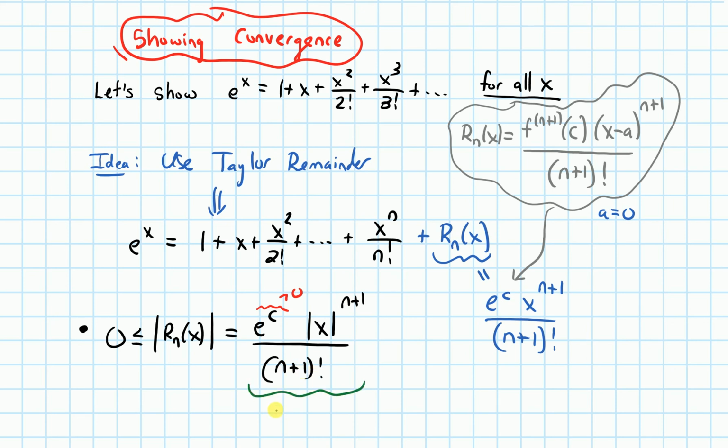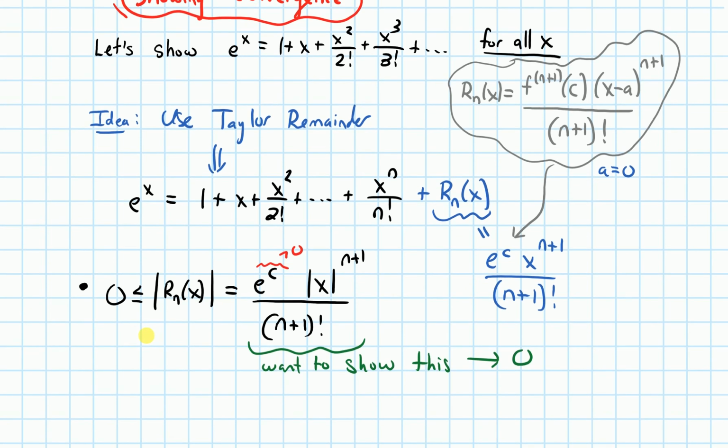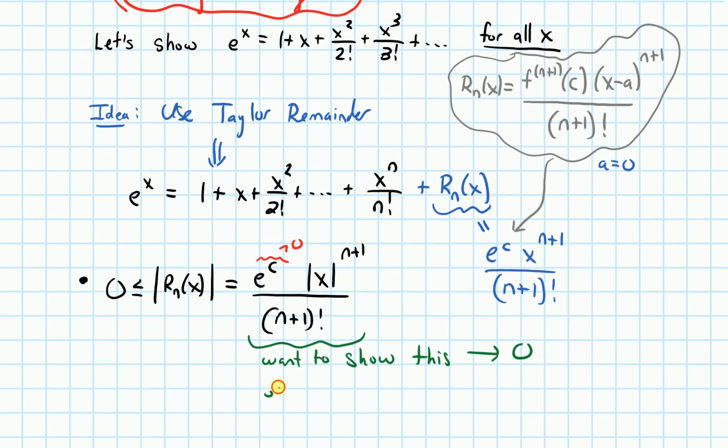And we want to show this fraction converges to 0. Its limit is 0. Since that would imply that Rn of x, our remainder, goes to 0 as well.